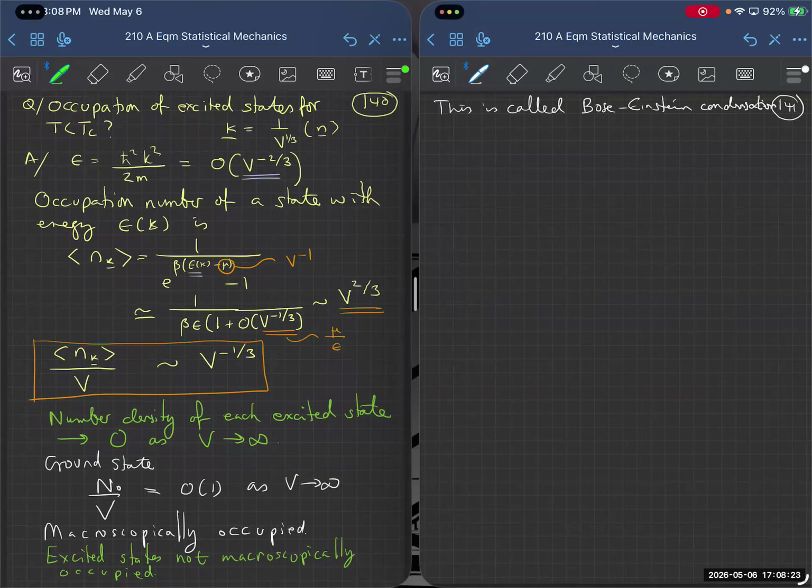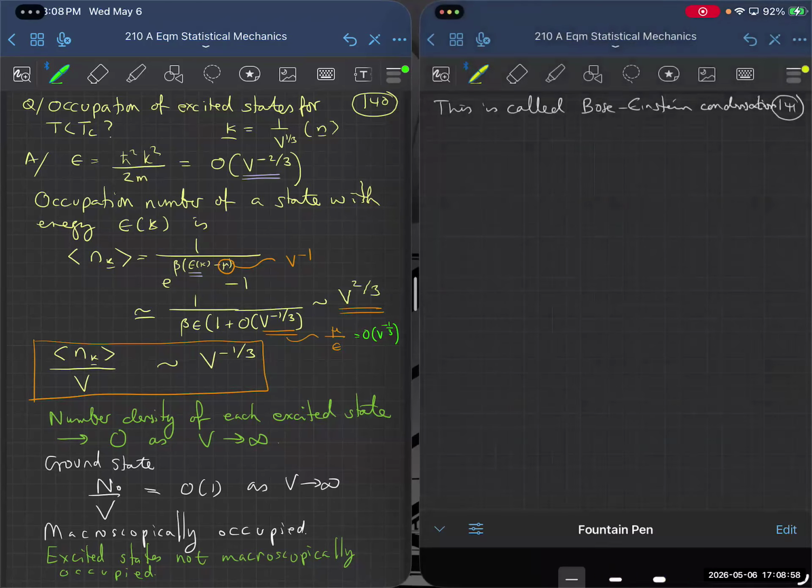So as far as I remember, that is the history. So basically, what's happening here is mu over epsilon is of order V to the minus 1/3. And so that means that we can neglect mu over epsilon in that term in the integral.